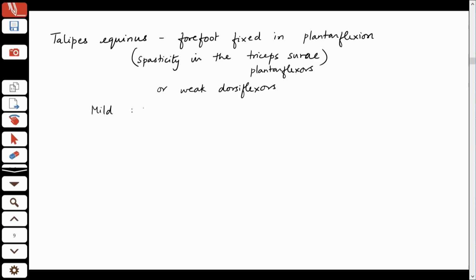So, the person walks with a forefoot gait. Severe, heel never contacts the ground.